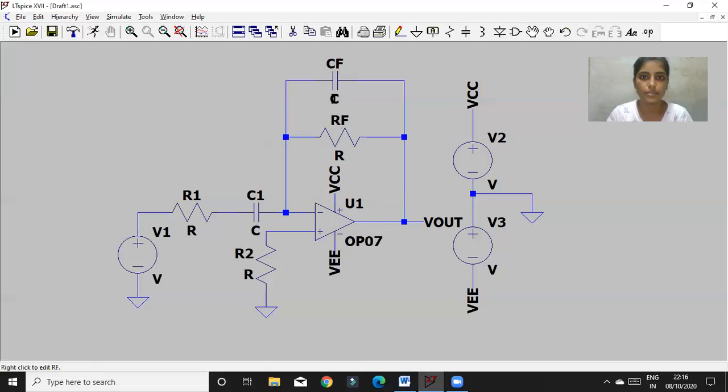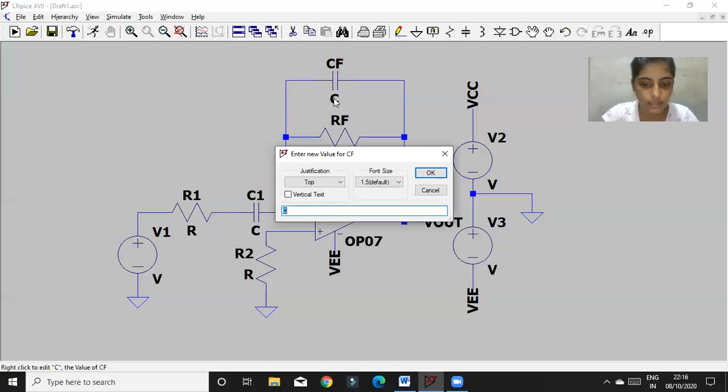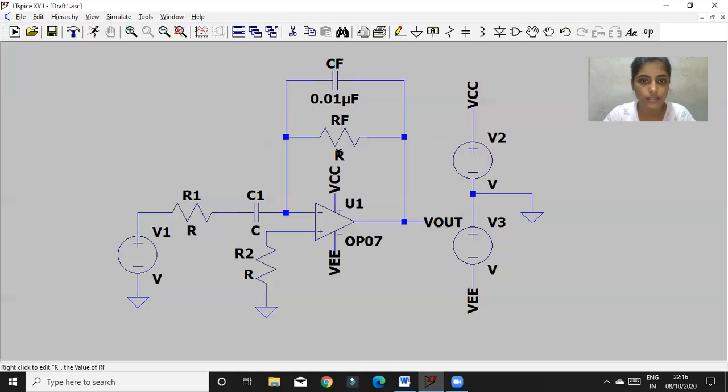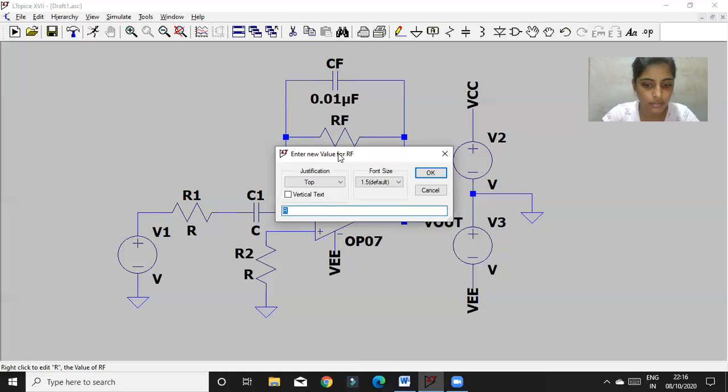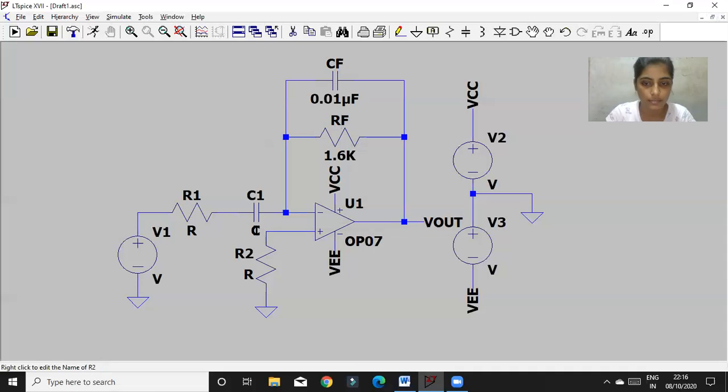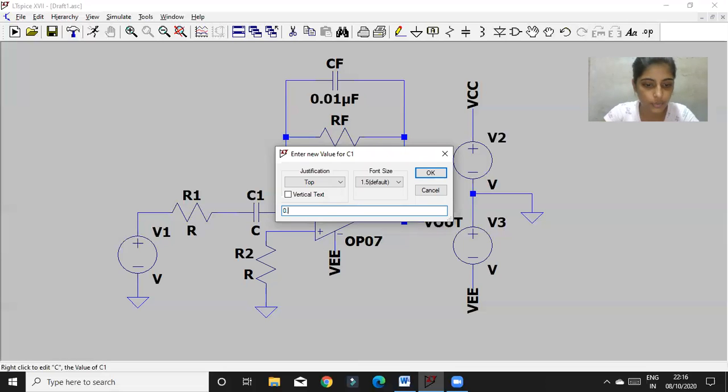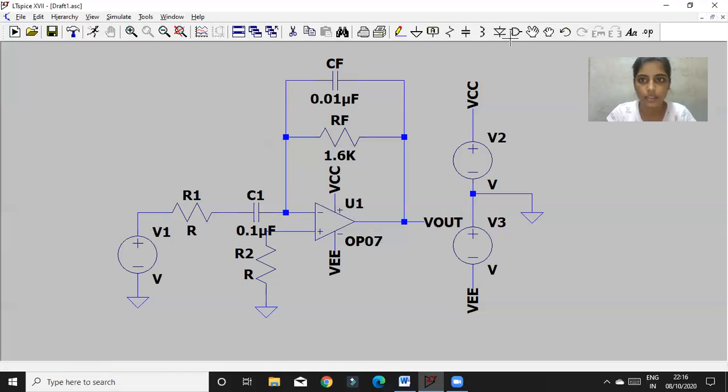Now I'm going to give all the values. Let's say CF is 0.01 microfarad, my RF is 1.6K, and my C1 is 0.1 microfarad. I move it here slightly.